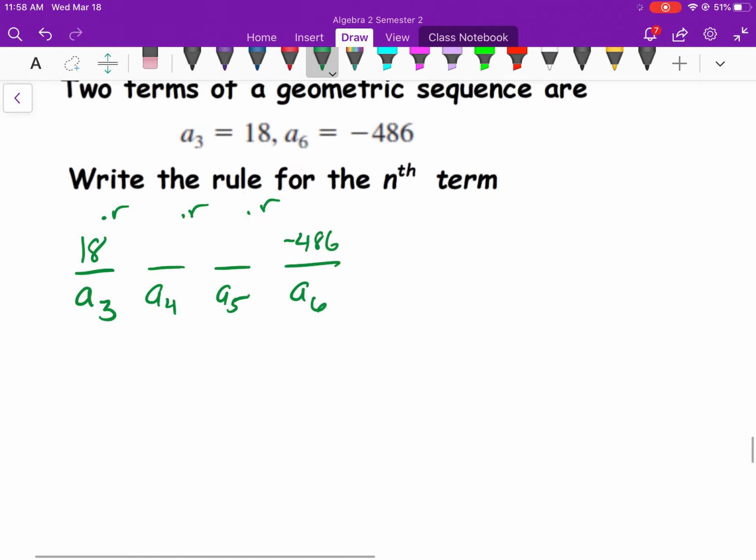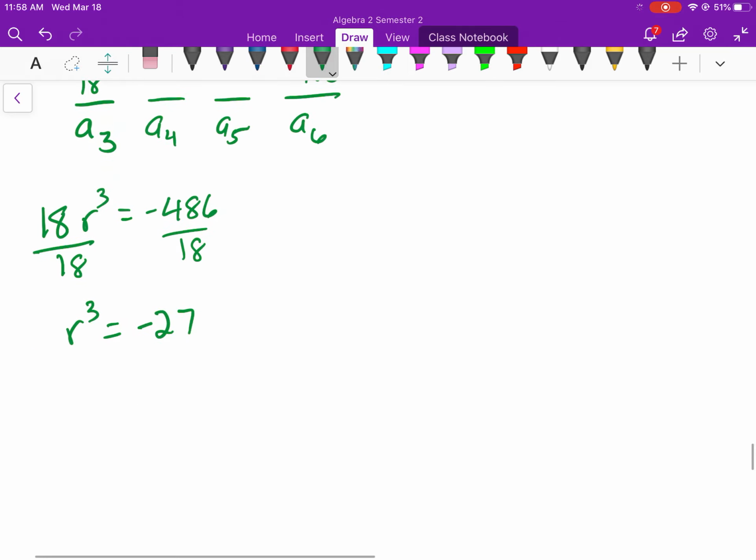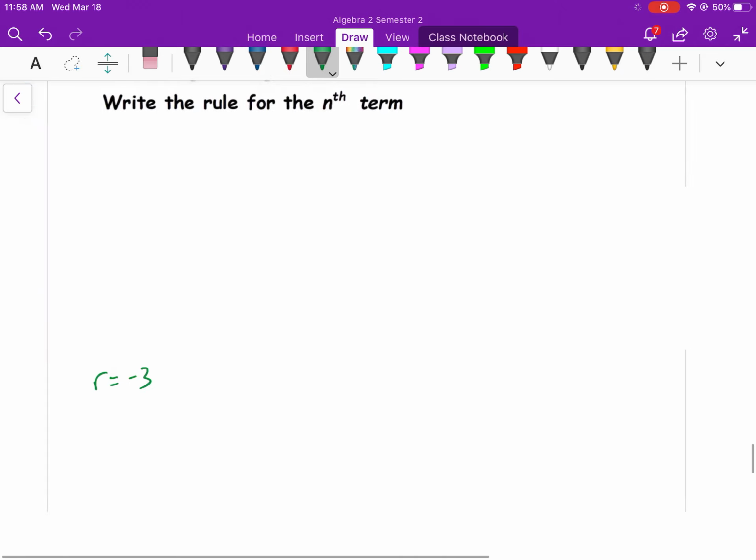So again, just 6 minus 3, we can think 18 times r cubed is equal to -486. Okay, fine, solving for r, divide by 18. We're going to get r cubed is equal to -27. Cube root. We get r is equal to -3.